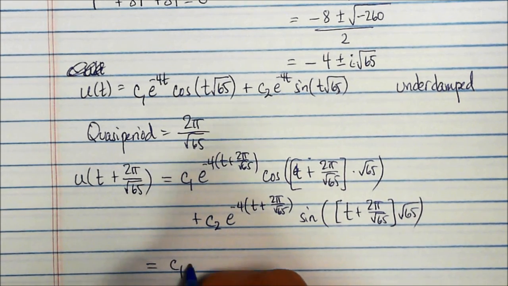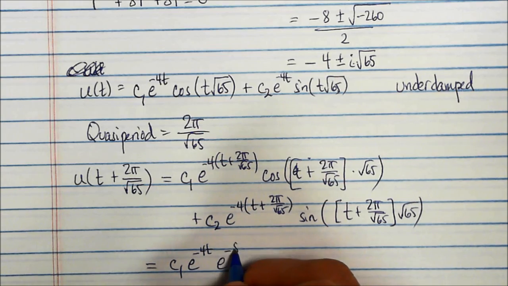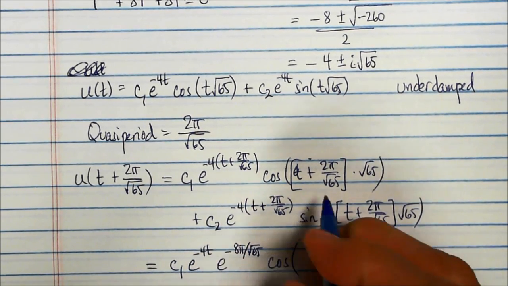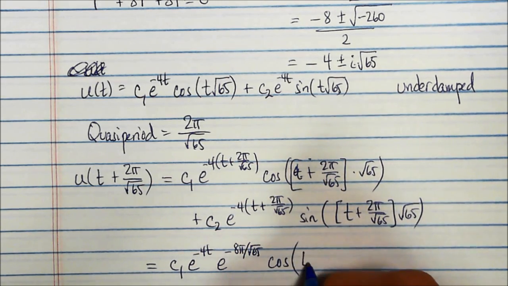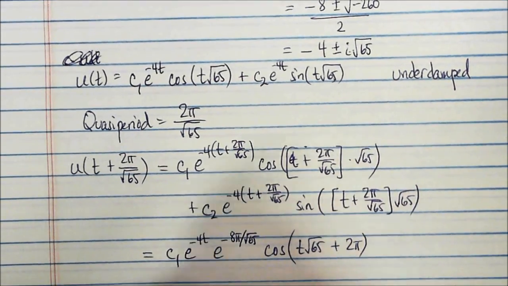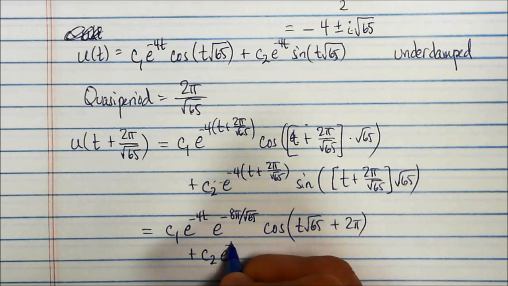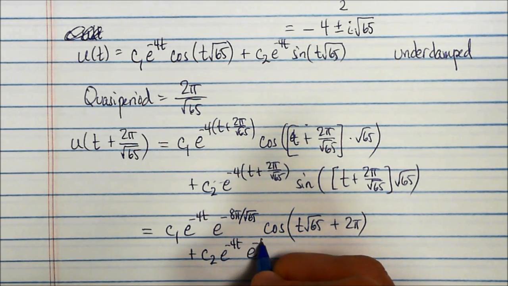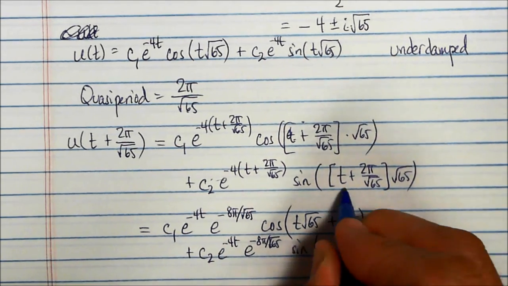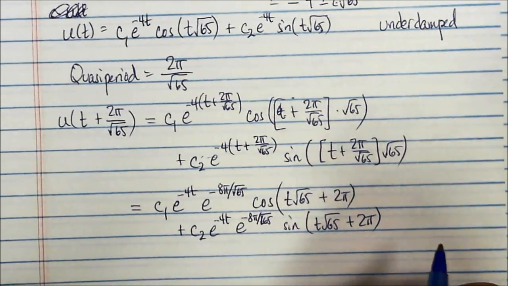So that's equal to c1. Now I'm going to break up these exponentials from negative 4t: e to the minus 8 pi over the square root of 65, times the cosine of, if I multiply this out, t square root of 65 plus 2 pi. Then same thing on the second part, plus c2 e to the minus 4t, e to the minus 8 pi over square root of 65, times the sine of, multiplying out, t square root of 65 plus 2 pi.